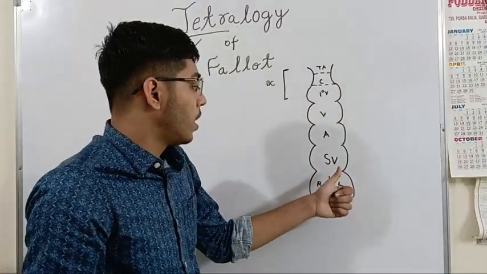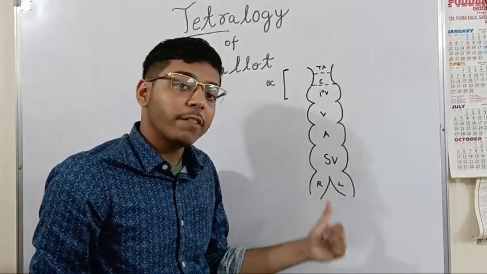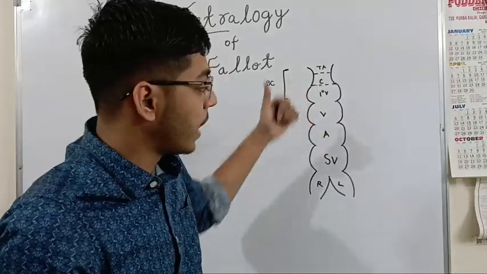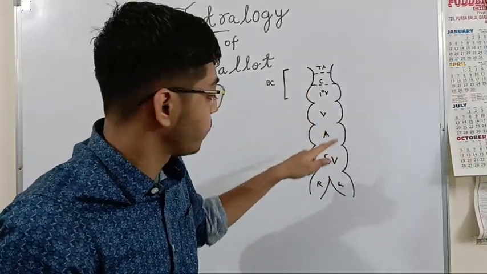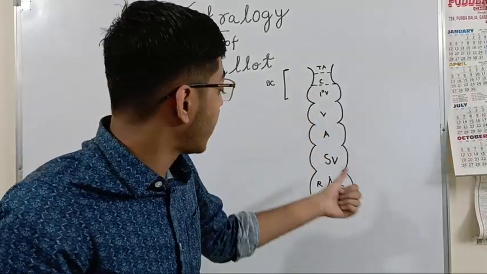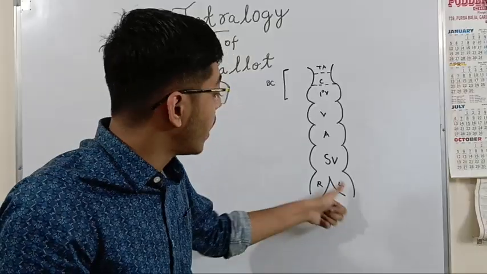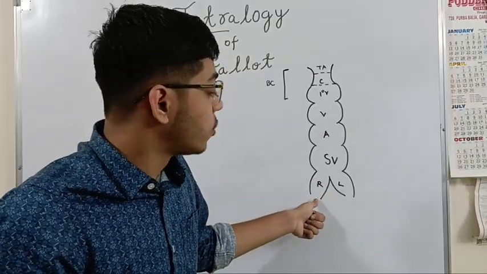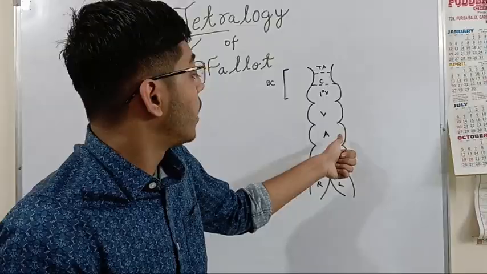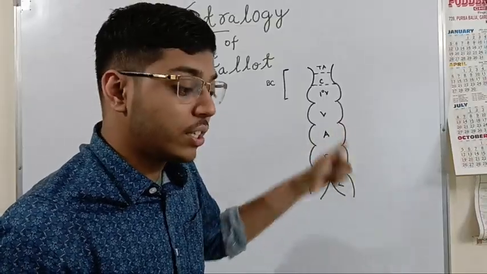Now when this structure develops, there are some changes. During development, the sinus venosus body and left horn regress spontaneously, and the right horn forms the superior and inferior vena cava. The atria form the left and right atrium.